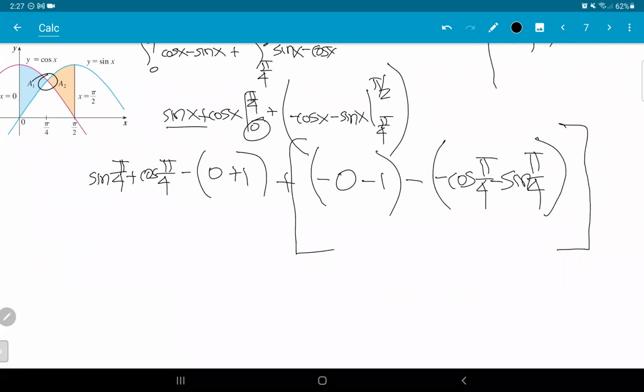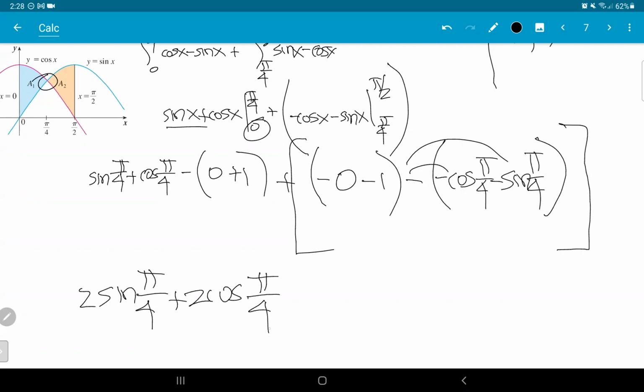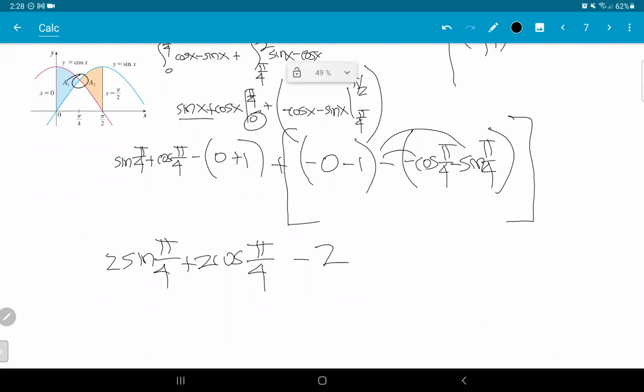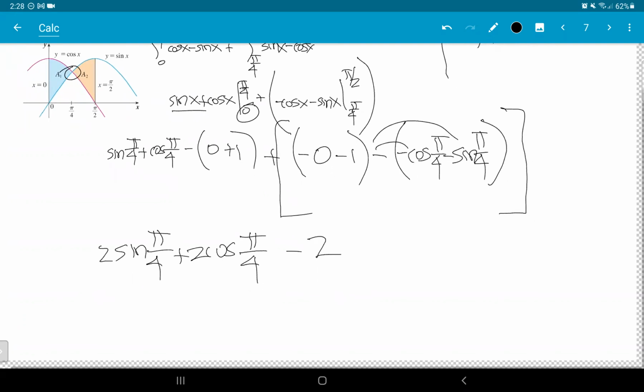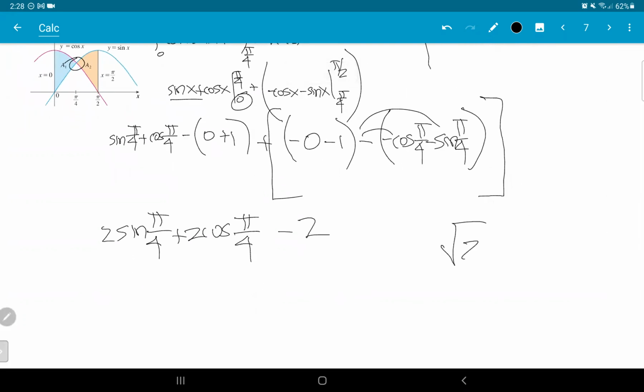So we simplify this one. In fact, just by distributing the negative, we have positive 2 sine pi over 4 plus 2 cosine pi over 4, and then minus 1 plus minus 1. Sine pi over 4 and cosine pi over 4 are each equal to square root of 2 over 2. You can use your calculator to determine that.